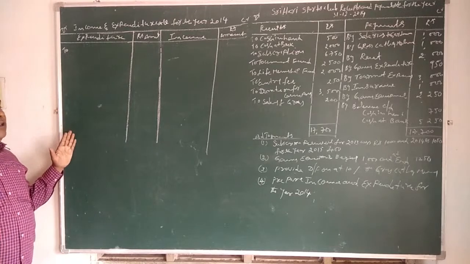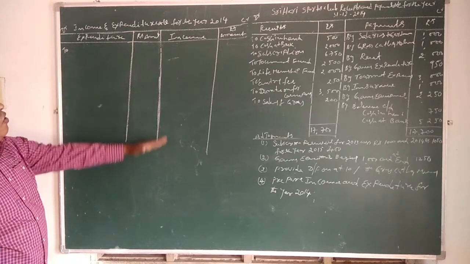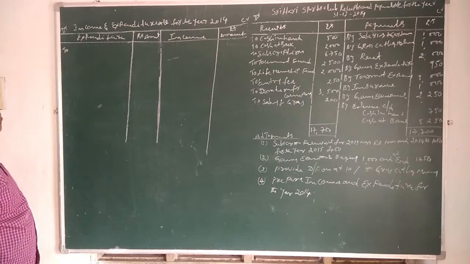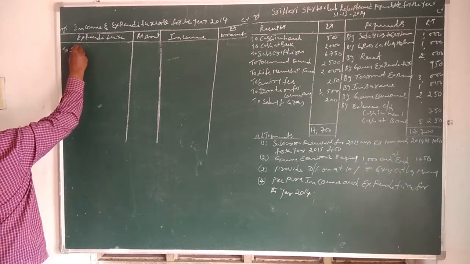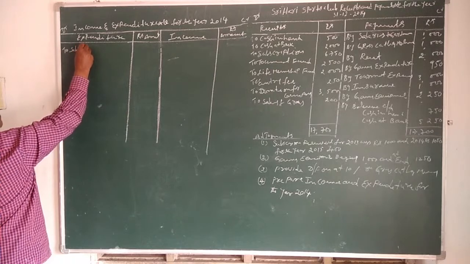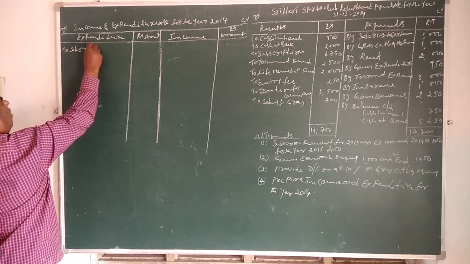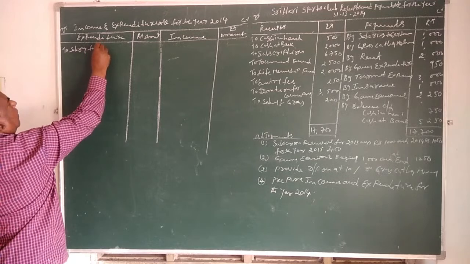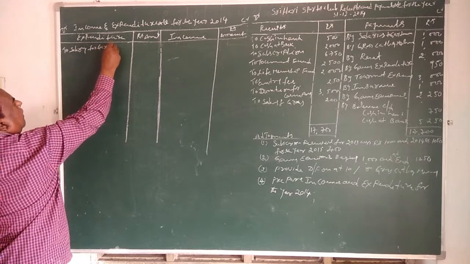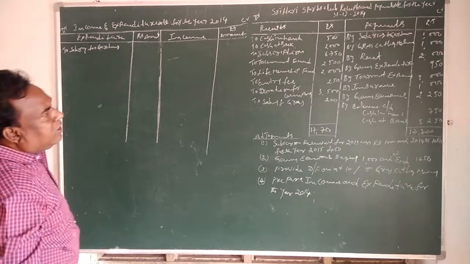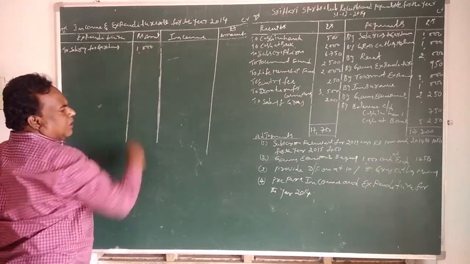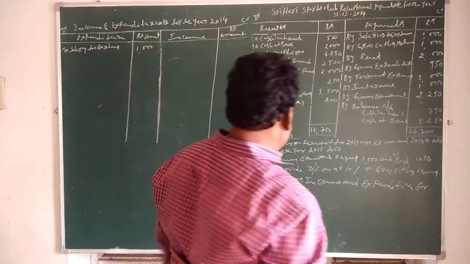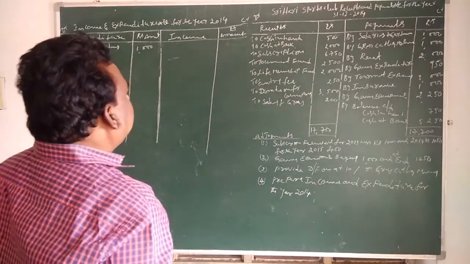All expenses must be debited and all incomes must be recorded on the credit side. To salary for gardener 1000. There is no adjustment regarding the salary.